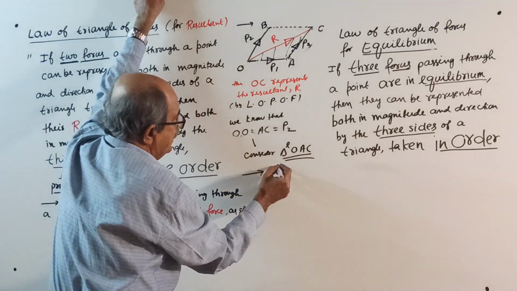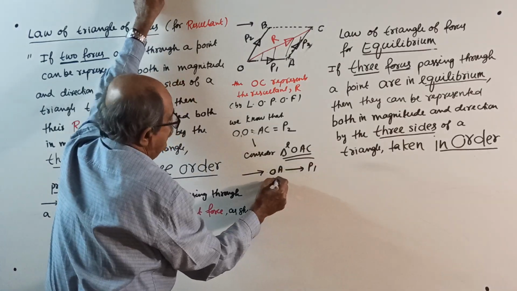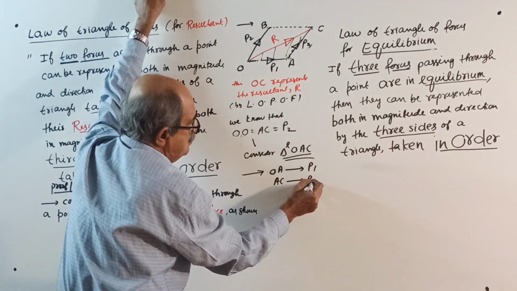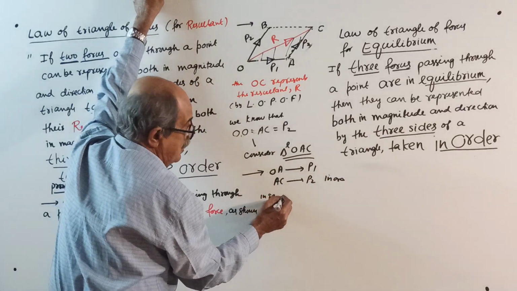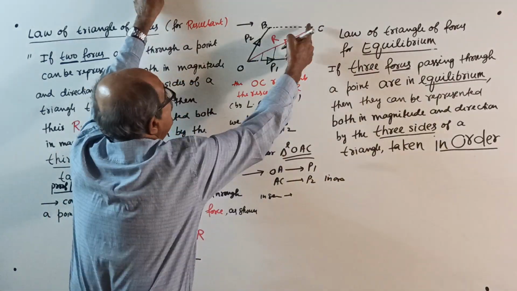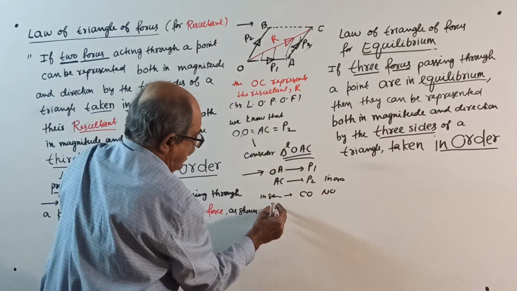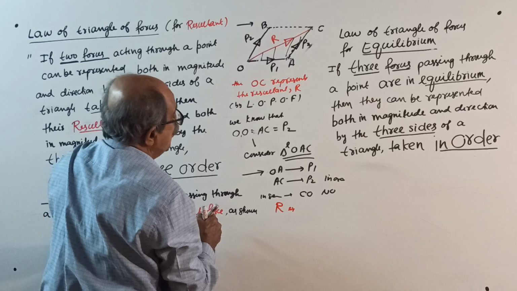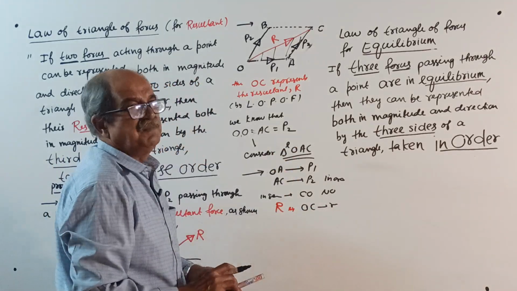It started raining here. Hope there is no disturbance. OA represents P1. AC represents P2. In order you are taking now. In the same order, next is CO. No, the resultant R is OC. OC represents the resultant. That much is sufficient.